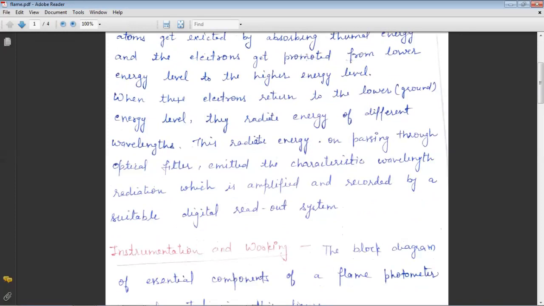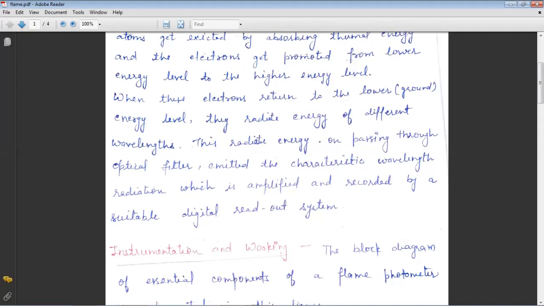And then that becomes unstable at a high energy level. Clear? So it releases energy as photons of a particular wavelength and changes back to the ground state. So this is the explanation in short.